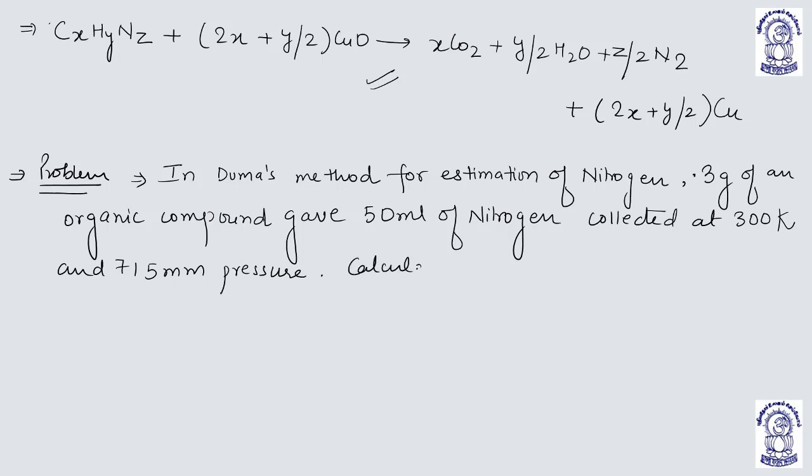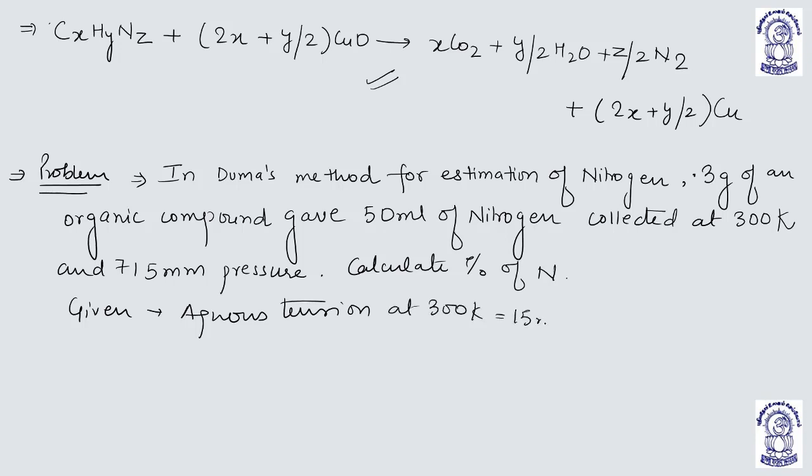Calculate the percentage of nitrogen. Okay. Given aqueous tension at 300 Kelvin is 15 millimeters of Hg.